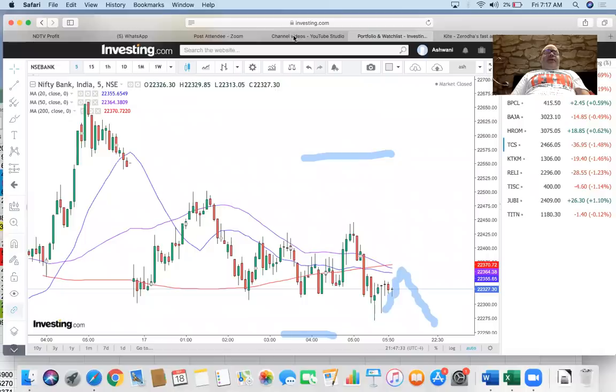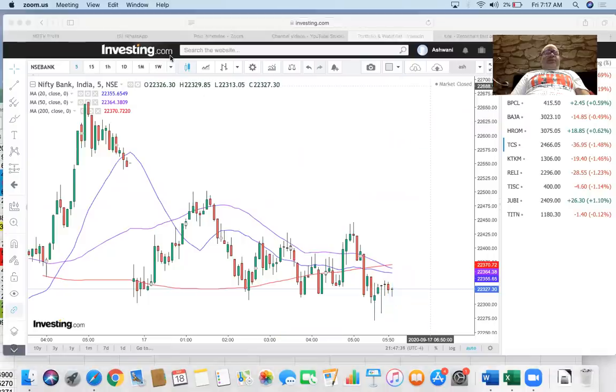Again, what are the different setups we are going to follow? Let me just repeat them. This is 200 consolidation. We should expect expansion on either side.